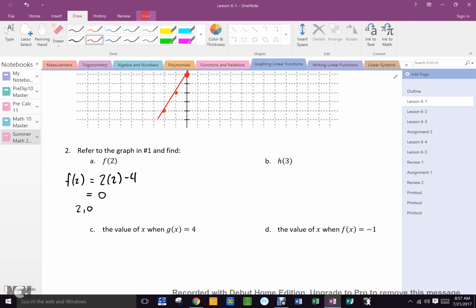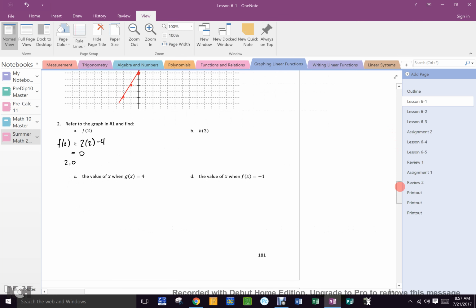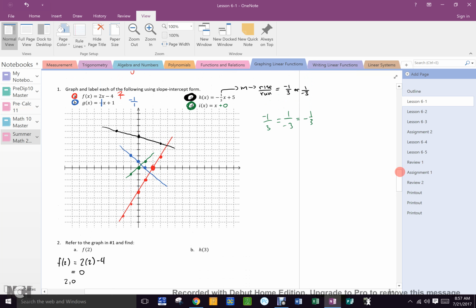H of 3. I'm going to change the view of this so we can keep it all on the screen at once. It is a little small, but it's big right in front of your eyes. So, H of 3. H is the black line, correct?